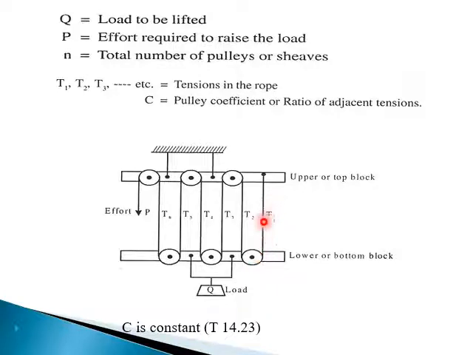The next tension in the rope is taken as T2. Similarly, T3, T4, T5, T6 as shown in the figure. These are the tensions in the belt.